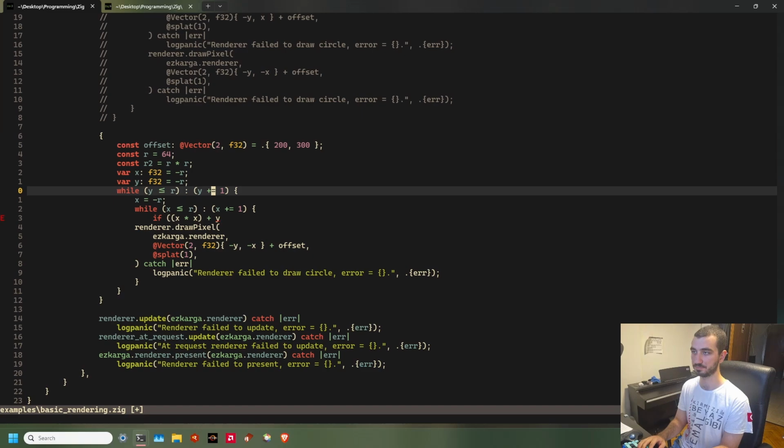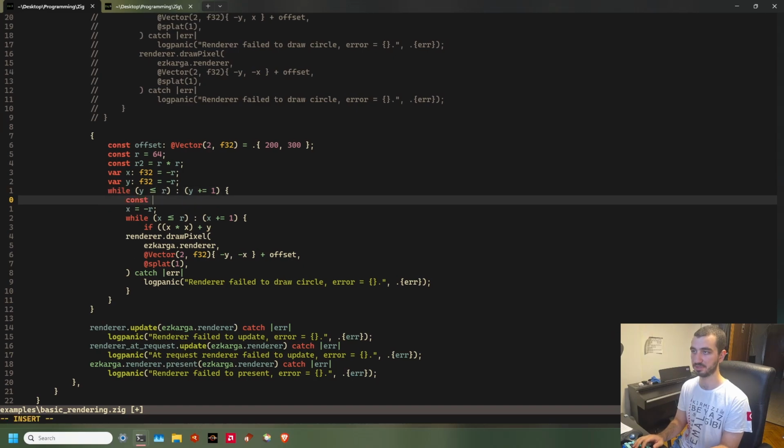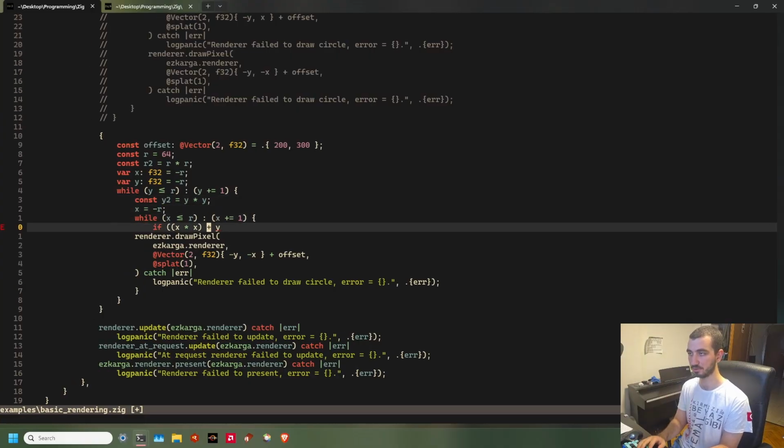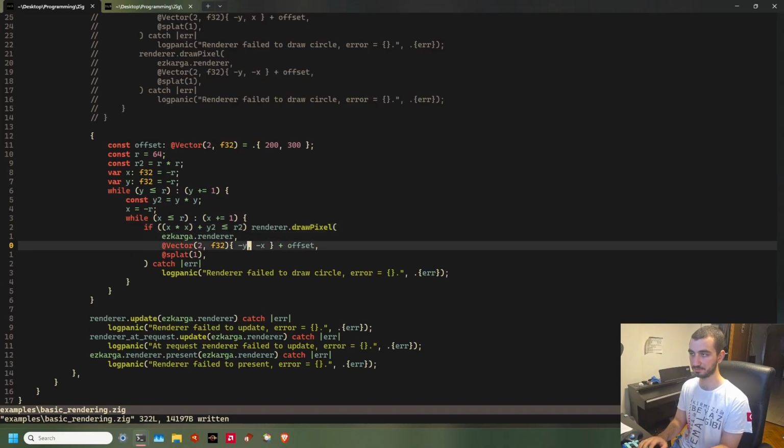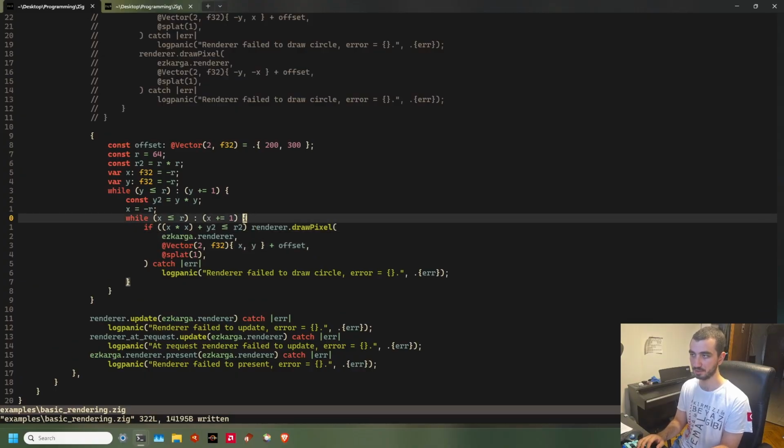Let's say the Y squared is here, so it doesn't have to calculate that every single loop. X squared plus Y squared has to be less or equal to R squared. And then we draw a pixel at its specified coordinates, like this. And this is the entire draw circle, but filled, algorithm.